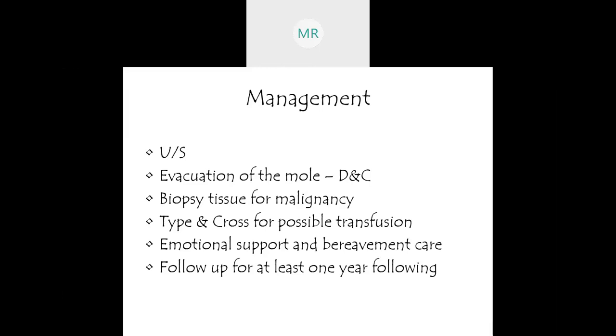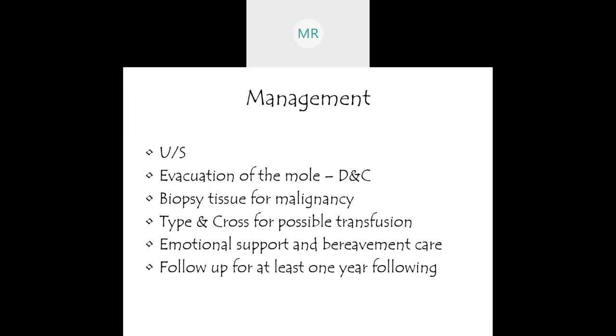Okay? And what we want to see is decrease beta HCG levels to the point that there's none detected. Now, if we continue to have high beta HCG levels, that may indicate trophoblastic tissue, which is obviously malignant transformation.